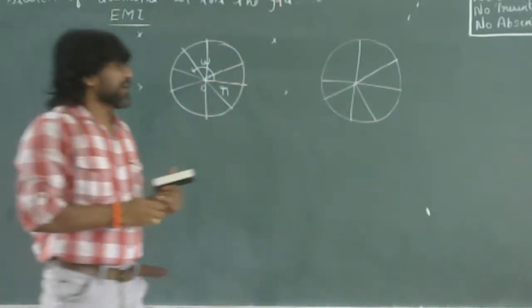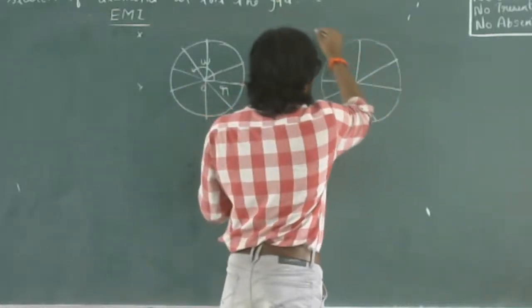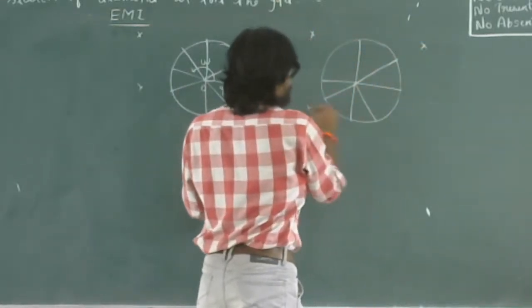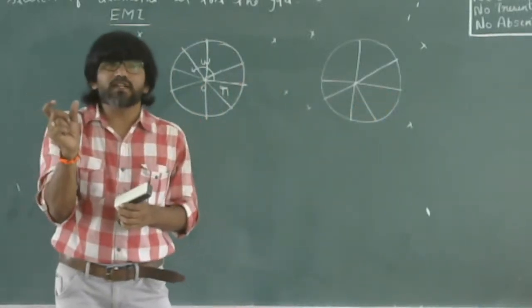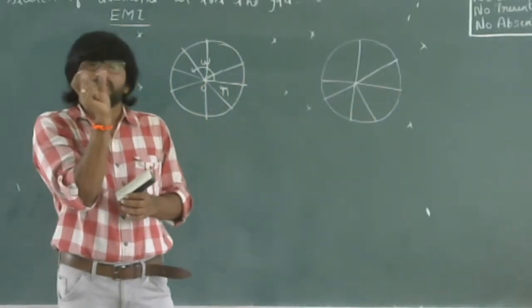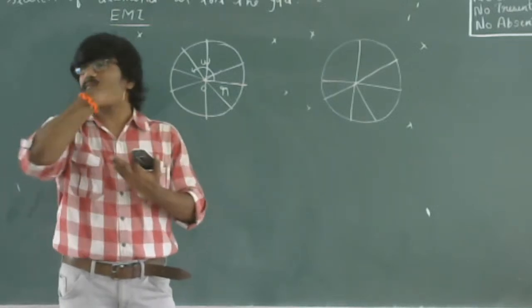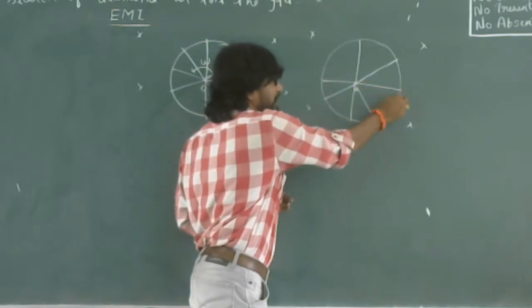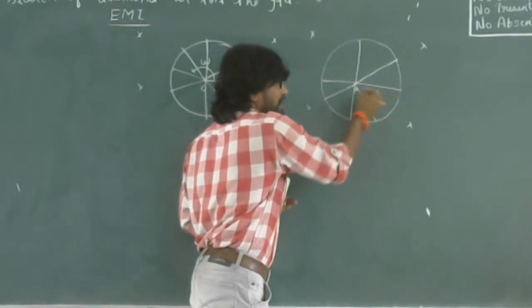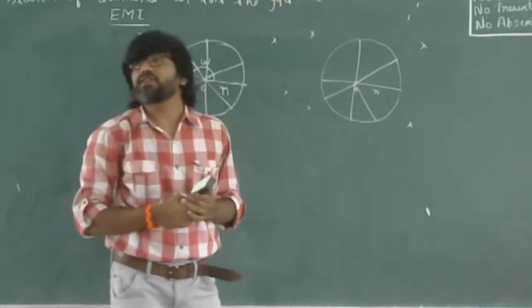Then, when it is rotating in the external magnetic field, we have already discussed how to find the EMF induced in a single wire or rod rotating in an external magnetic field. So this is a single wire, this is the center, and its radius is r, and hence it is acting as the length of the wire.